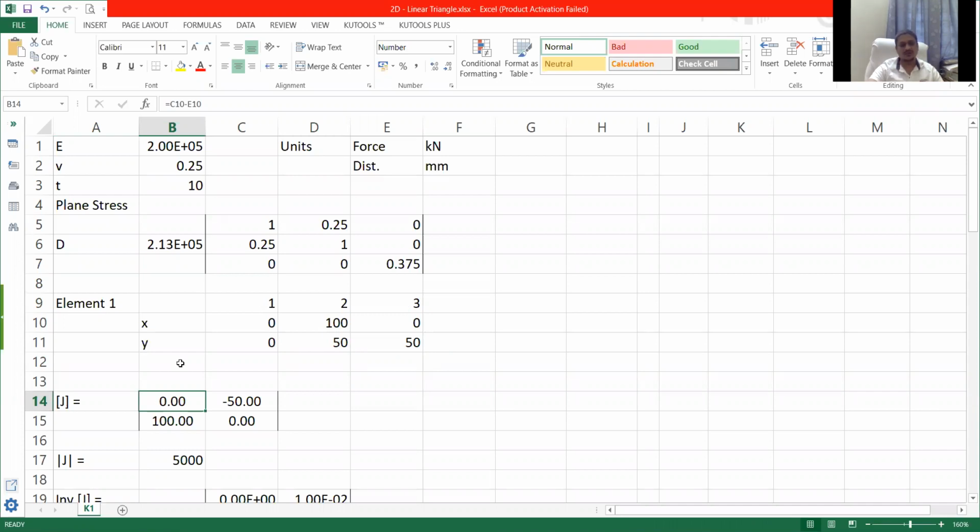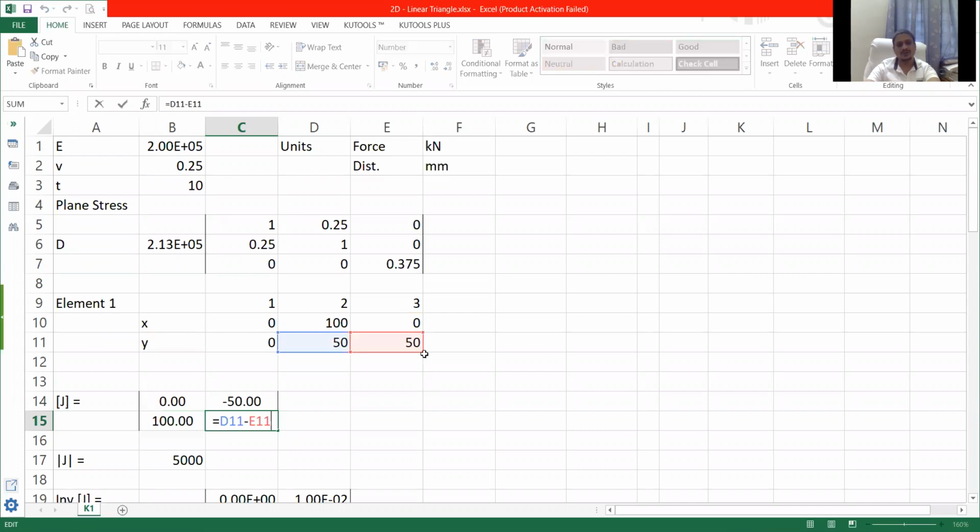If you see the formula over here, the first value is nothing but x1 minus x3. If you refer to the notes, you will find it is x1 minus x3, which is the first term. Similarly, the second term is y1 minus y3, the third is x2 minus x3, and the fourth term will be y2 minus y3.